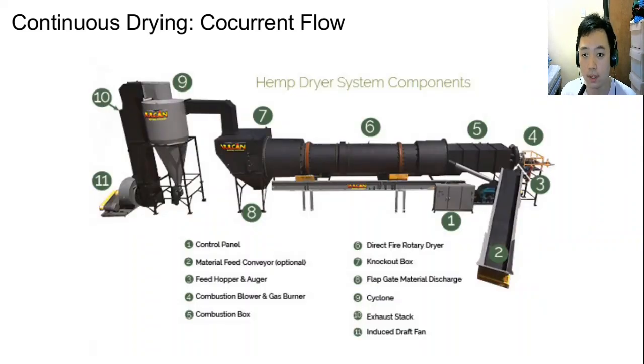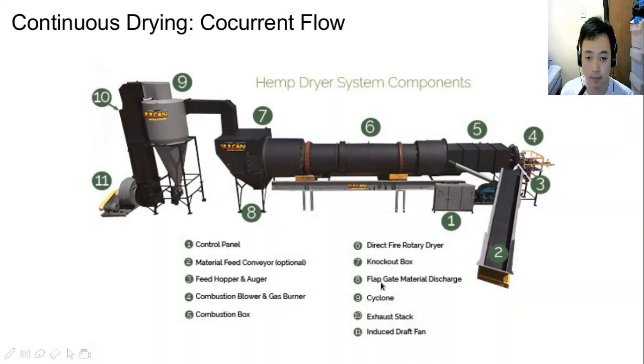So this is the diagram that shows the components of this cannabis dryer. So there's the control panel, the heat conveyor, the hopper, combustion blower and gas burner, this part, combustion box, the direct fire rotary dryer is the one that I mentioned earlier.